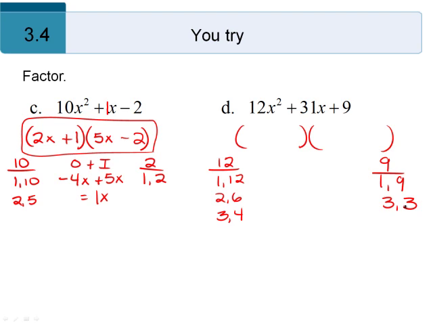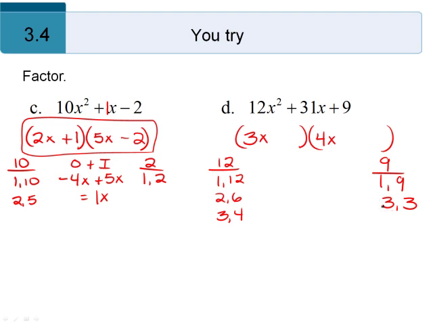Normally, and I think this might actually work, with the 12, I'm going to start with 3 and 4. Okay, I'm going to put in 3x and 4x. That's what I always start with for 12. Okay, now for 9, here's the thing. You can't use the 3 and the 3 because you can't put a 3 with the 3x. And if you flipped it, it's still a 3.